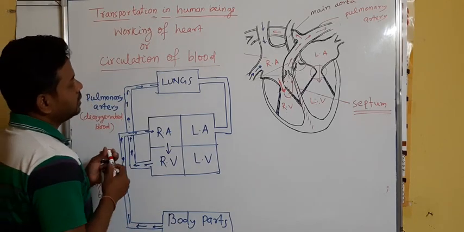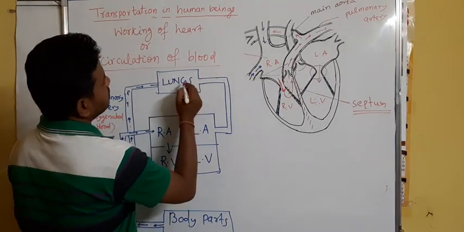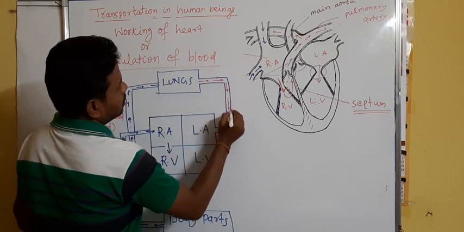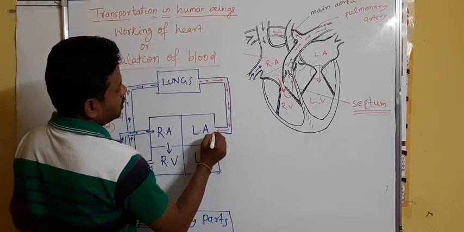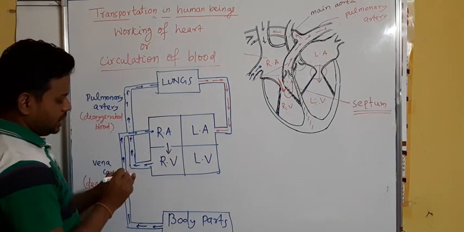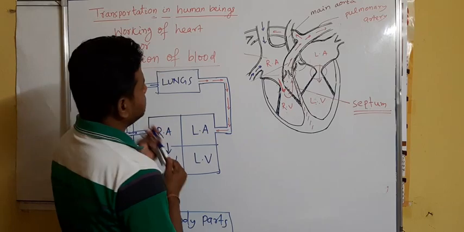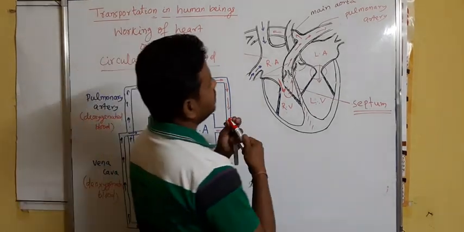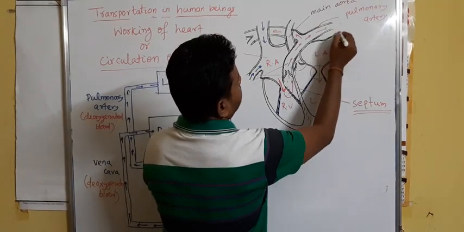When the blood reaches the heart, it will reach to left auricle, and from here is left auricle.